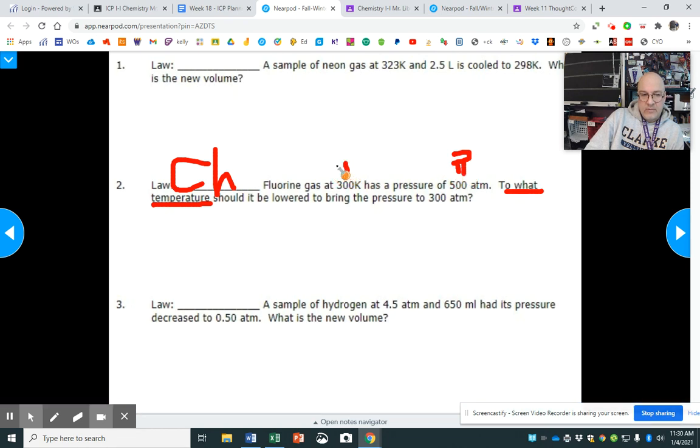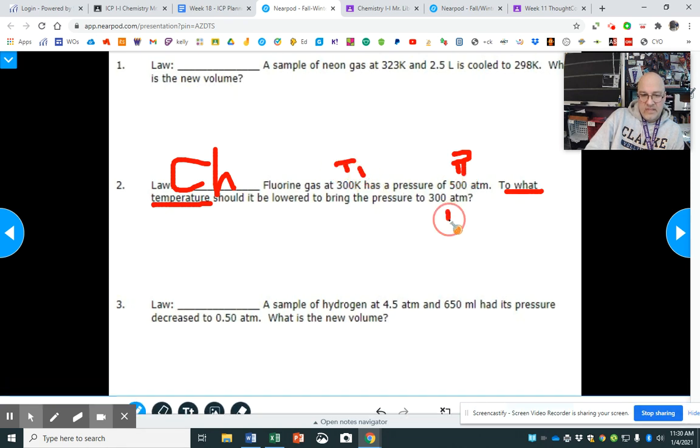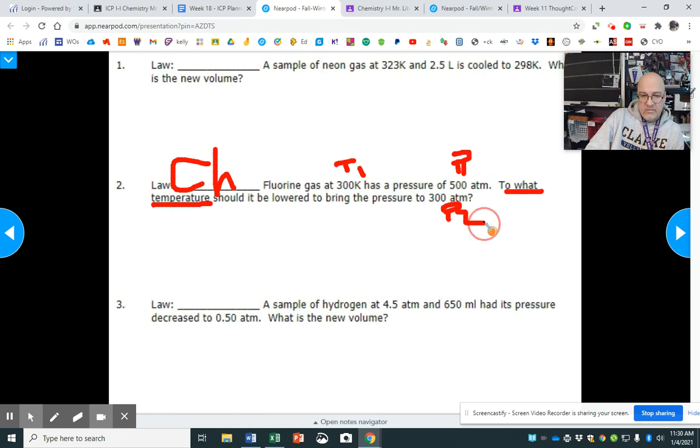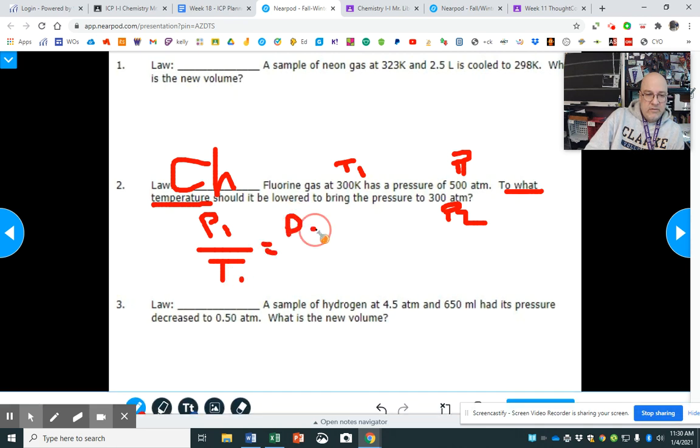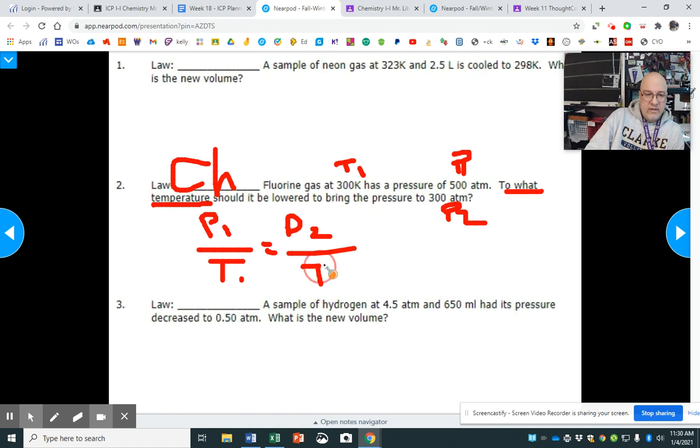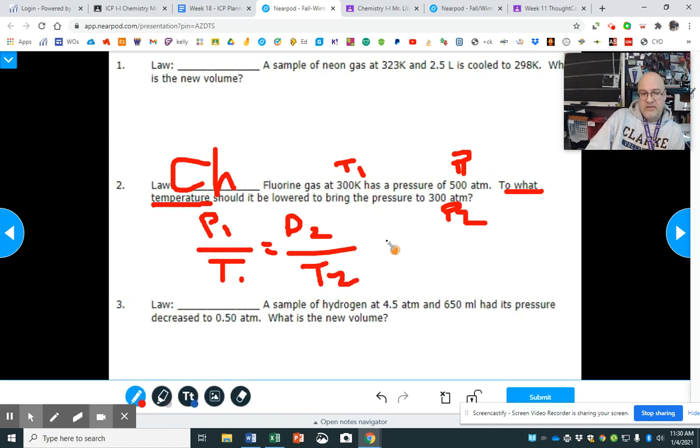This is going to be T1, which means that this is P2, right? And you have your law, P1 divided by T1 equals P2 divided by T2. Plug in the numbers, do the math, and you get your answer. That's what I need you to do for these problems here. If you would like to get the answer, please come to class or come to office hours.